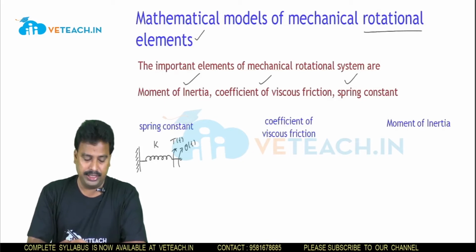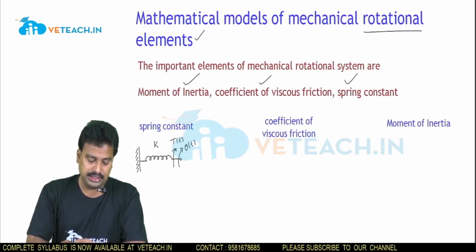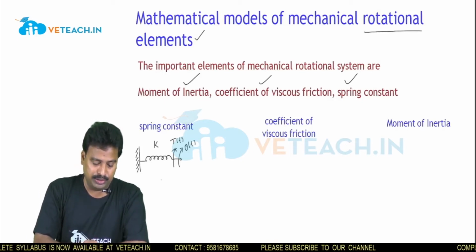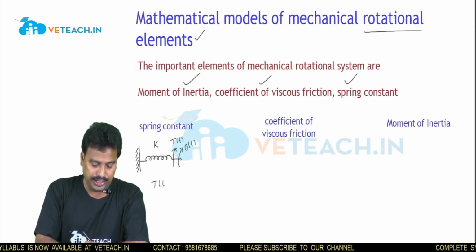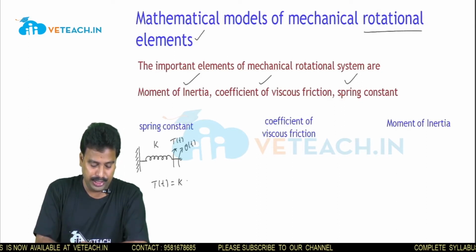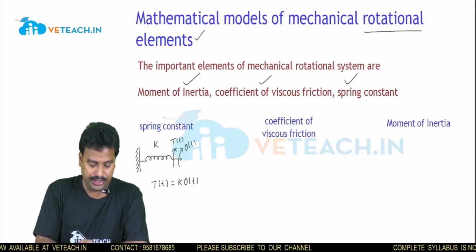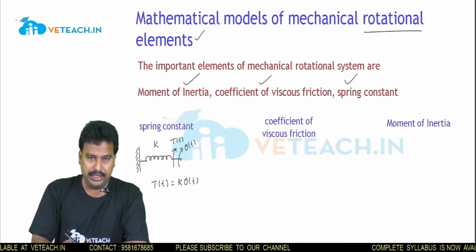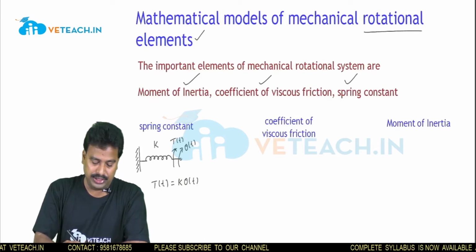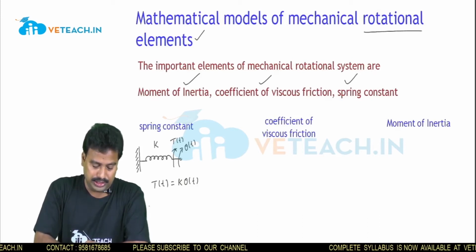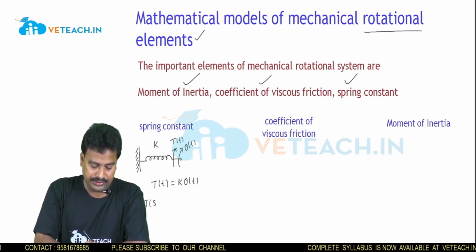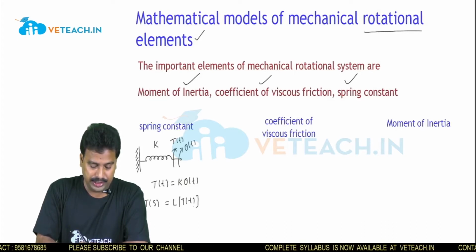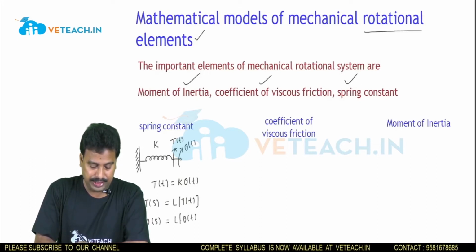The relation between the stiffness constant, torque and angular displacement is T of t is equal to K into theta of t. Now, apply Laplace transform on both sides, so that T of s is the Laplace transform of T of t and theta of s is the Laplace transform of theta of t.